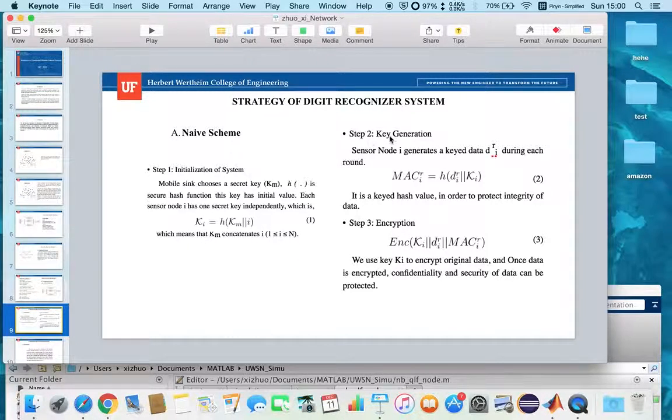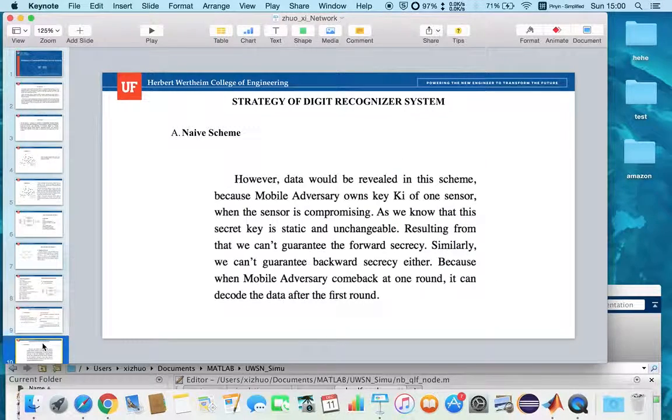And then the next step is key generation, where we generate the key data in each round, and then we encrypt it, using the key ki to encrypt the original data. Once the data is encoded, the security of the data can be protected.